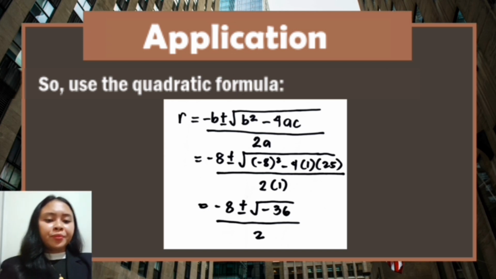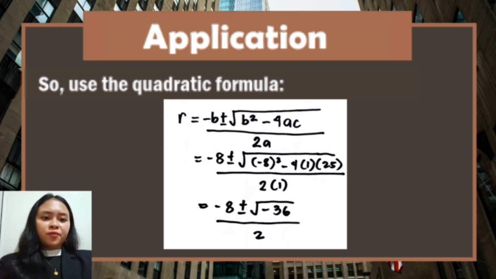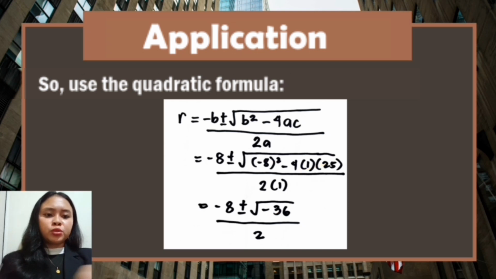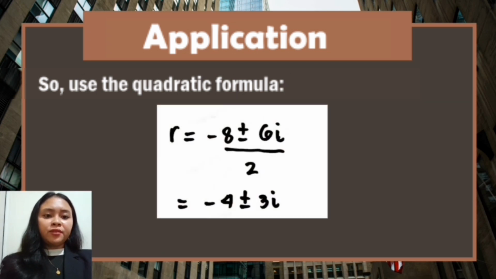So we have negative 8 plus or minus the square root of 64 minus 100, so we have negative 36 over 2 times 1. So it becomes r is equal to negative 8 plus or minus 6 times the complex number i, over 2.